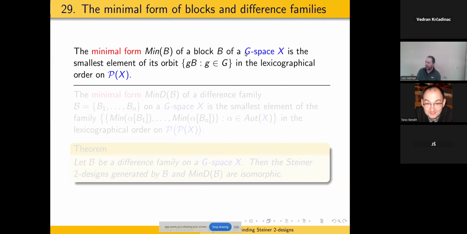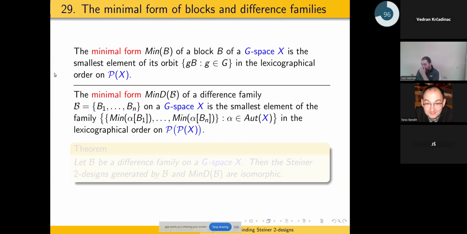There are only two differences: we replace group G by X. And similarly, we can define a minimal form of a difference family. So a minimal form of a difference family on a G-space X is the smallest element of a family. Same thing as with the groups.